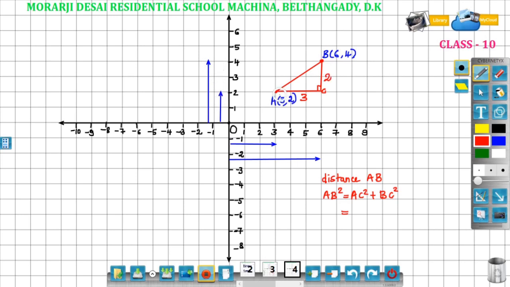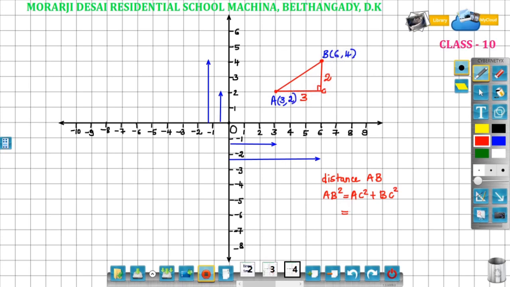So, distance BC is equal to 2 units. If a line is parallel to x-axis, you have to subtract the x coordinates. If the line is parallel to y-axis, you have to subtract the y coordinates. So AC is equal to 3 units, BC is equal to 2 units.